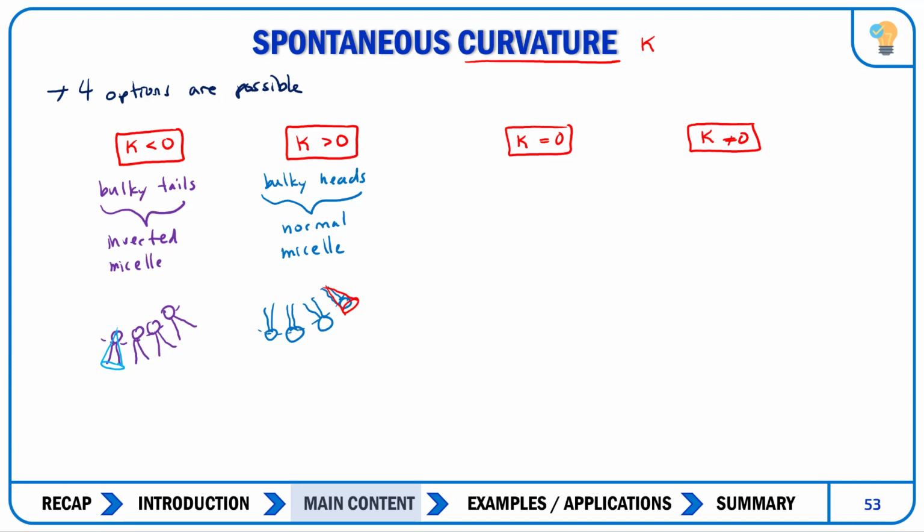Now, what happens when kappa is equal to 0? When kappa is equal to 0, it means that you're going to end up with some sort of symmetry. So that means I might have something like this, and this. So we would say kappa is equal to 0 if everything is symmetrical.